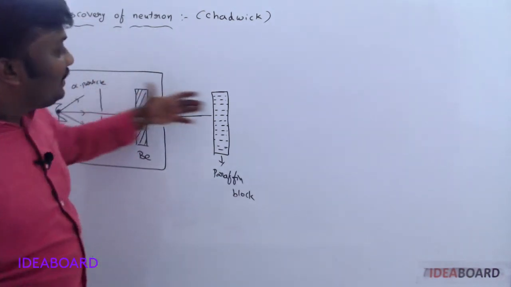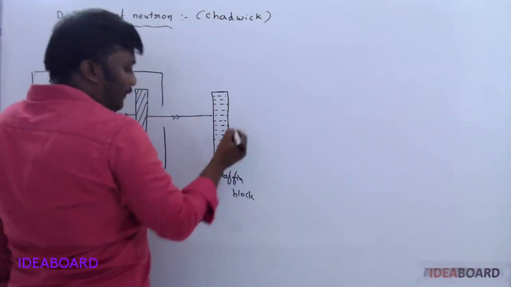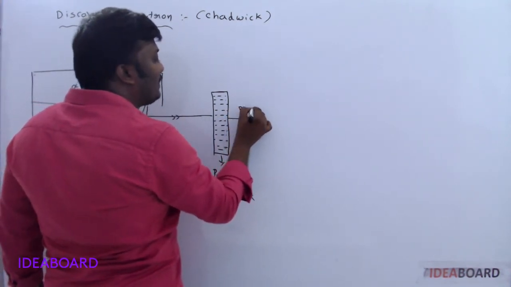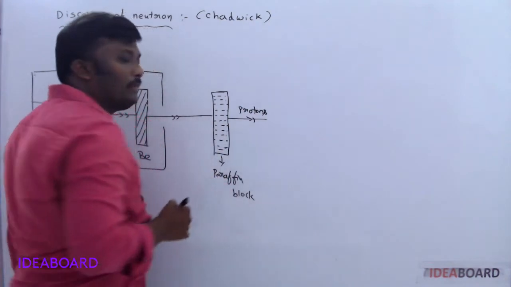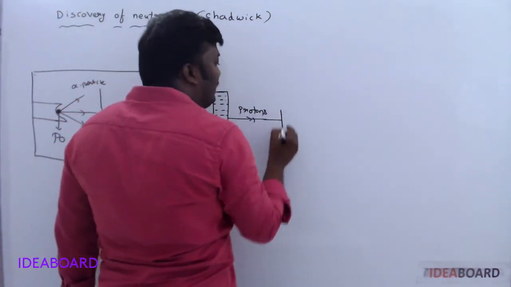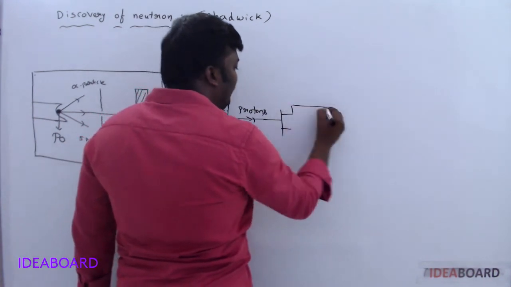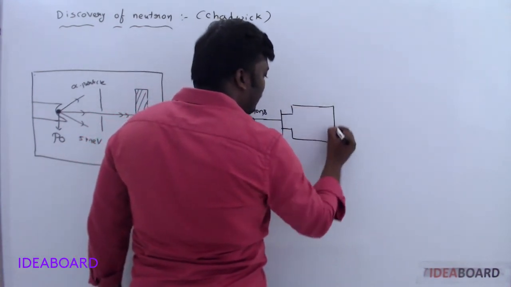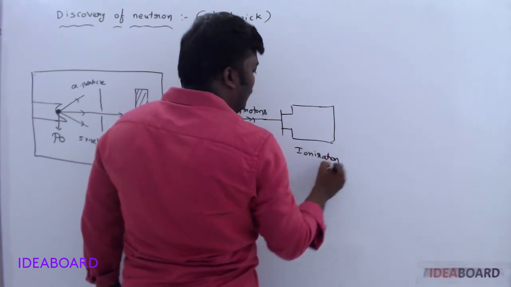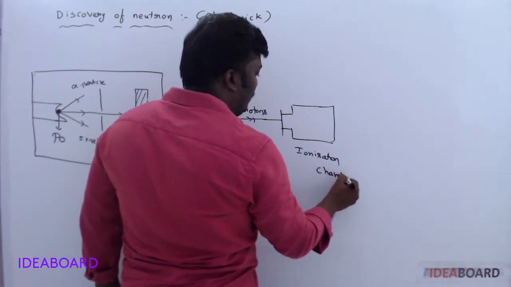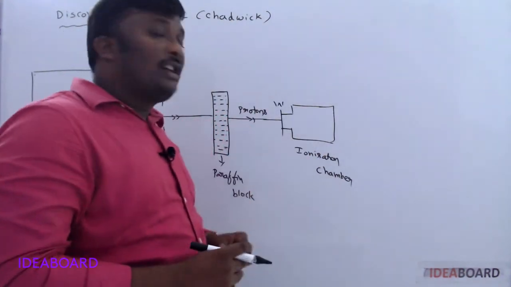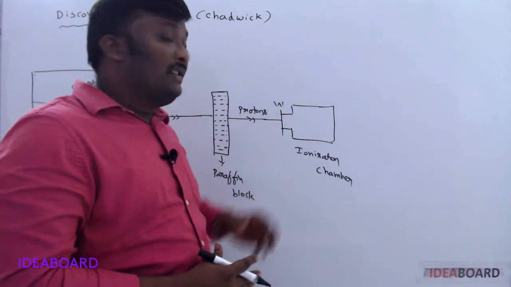So whenever they collide, high energetic protons are released from this paraffin block. Protons have positive charge, that's why they are sent through a window into the ionization chamber. In the ionization chamber, they took some gas.